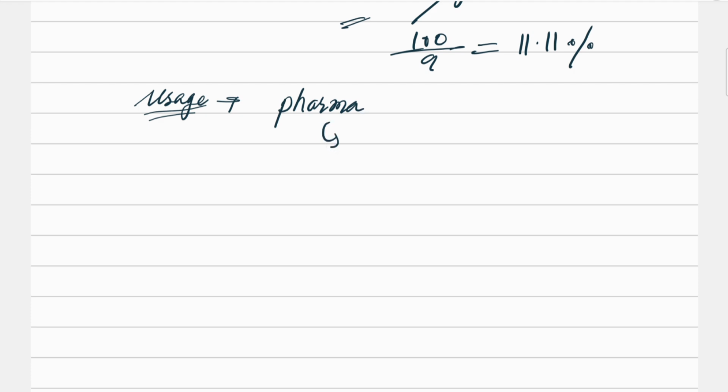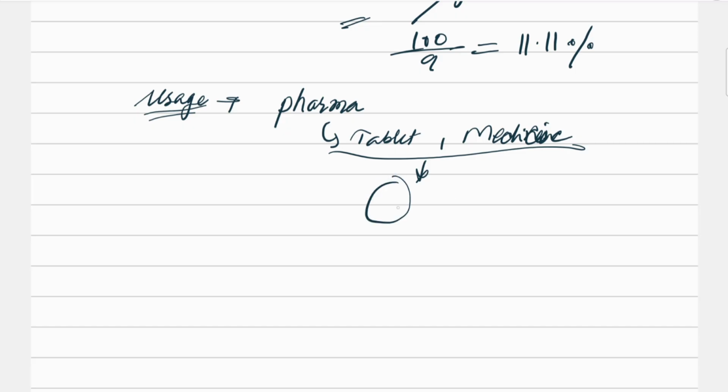Whatever tablet you take for any kind of medicine, when we are making a solid medicine, a tablet or any kind of capsule, that particular thing has a percentage of given amounts. So the mass percentage is used over there.